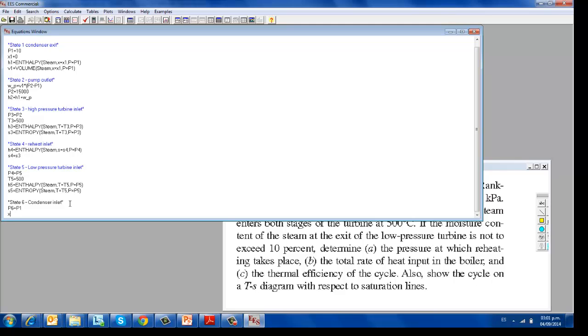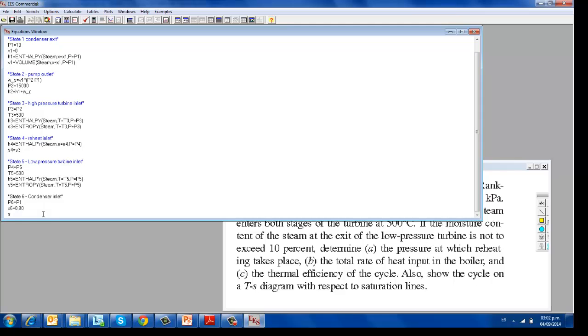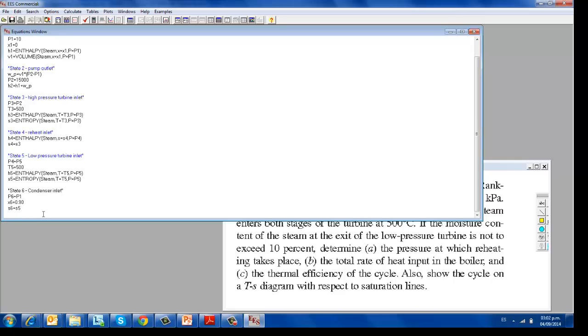X6 is 90%, and it said that we should not exceed it, but we know that the lower the pressure, the lower the quality, and we would like to expand as much as we can, so we're going to use that 90% as we explained in the problem. We also know that S6 equals S5, and that's everything that we should know.